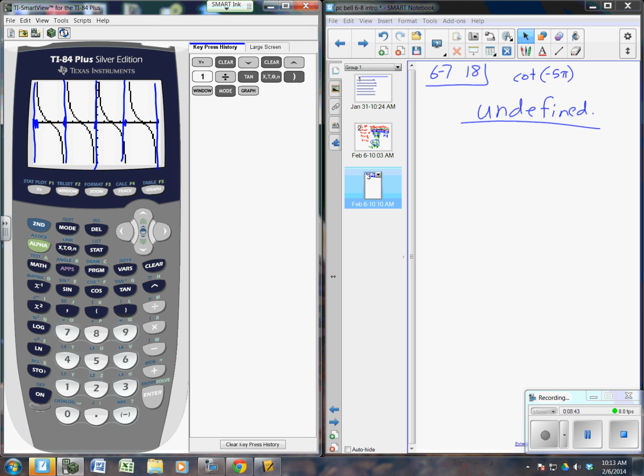X over y would be 1 divided by 0 right here, and -1 divided by 0 right here, and division by 0 is undefined. So every time you go around to pi, 2 pi, 3 pi, 4 pi, it's undefined. Same thing in the negative direction: -pi, -2 pi, -3 pi, -4 pi, -5 pi. I'm going to end up right there, and it's going to be -1 divided by 0, which is undefined.